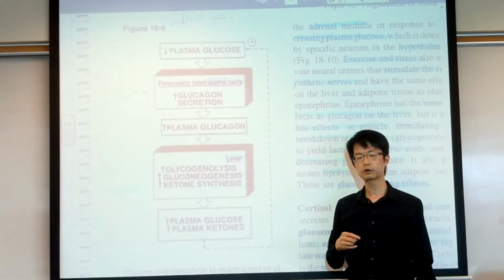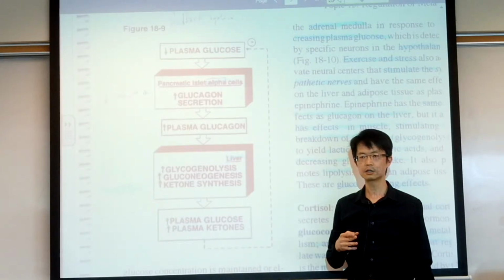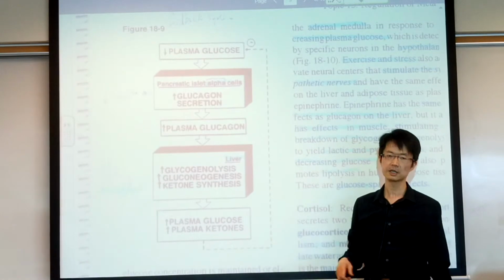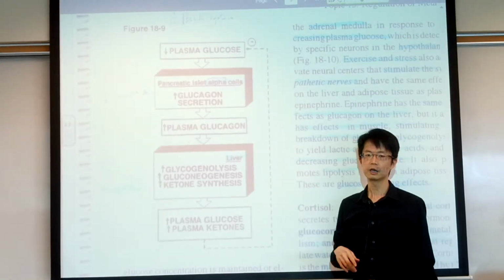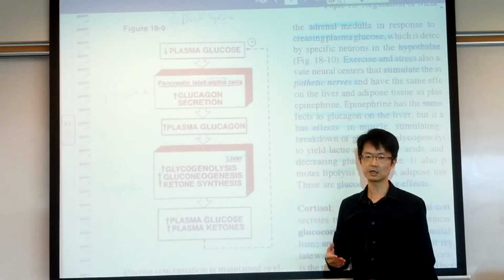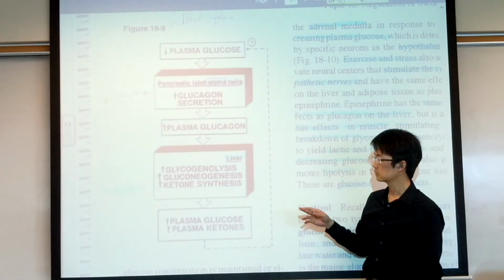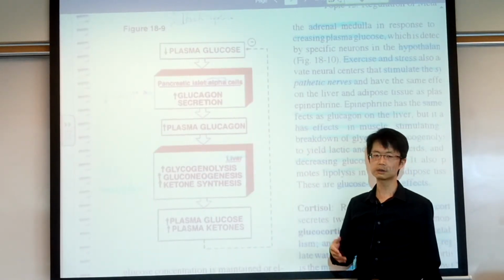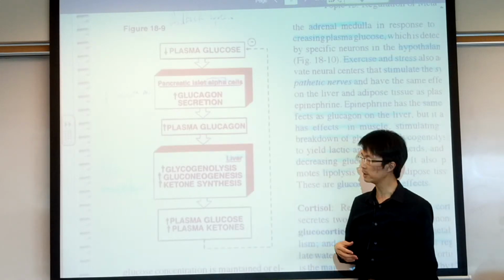And then conversion of fatty acid into energy will produce ketone as a byproduct, and ketone will be excreted in the urine. And so increasing ketone synthesis means breaking down more of the body fat.